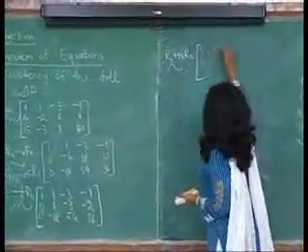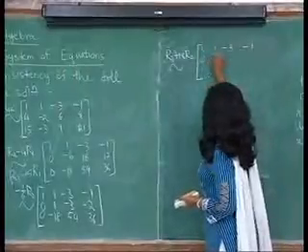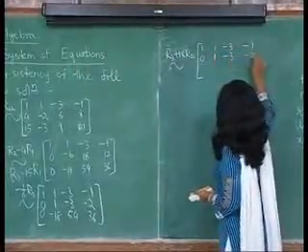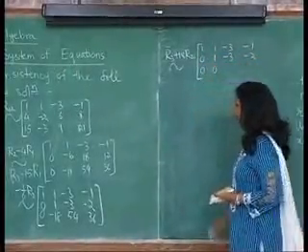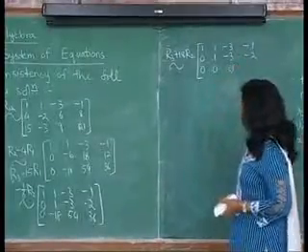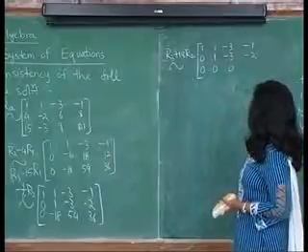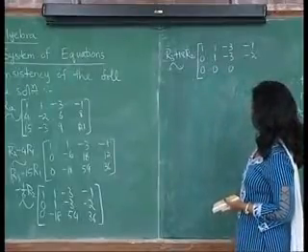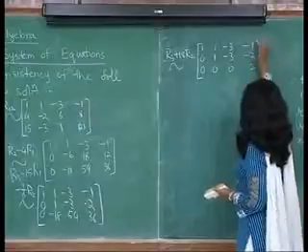So I'll get 1, 1, minus 3, minus 1, 0, 1, minus 3, minus 2, 0, 0, 54 minus 54, that will be 0, and 36, that also will become 0.